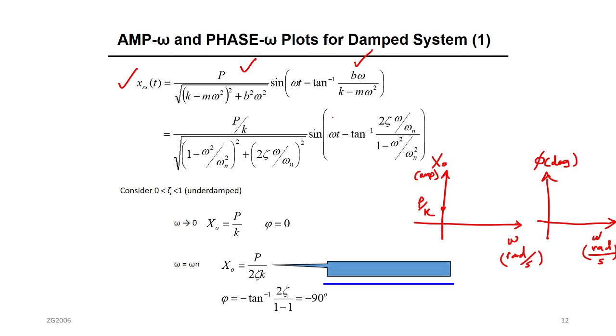There is no phase if omega is equal to 0. If you don't believe it, check with this one. If omega equals 0, this is going to be 0 over 1. It's going to be 0. So for low frequency, it's going to be 0 phase, no phase.